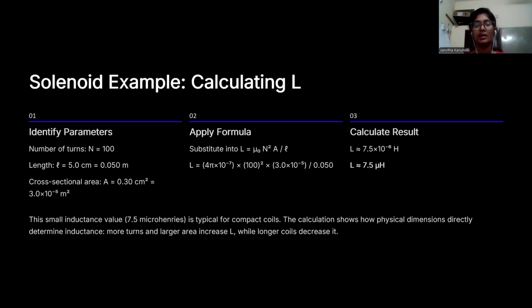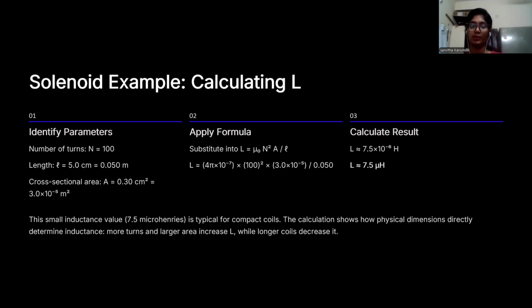So L = 4π × 10^-7, which is the free space permeability value, times N squared. Here the number of turns N = 100, so we have substituted N squared as 100 squared, times 3.0 × 10^-5, which is A, the cross-sectional area in square meters.